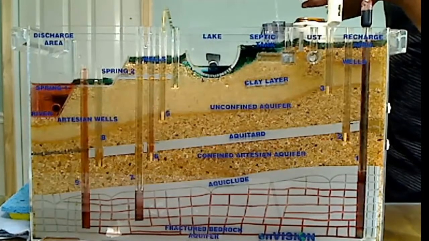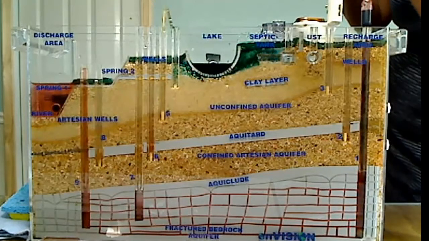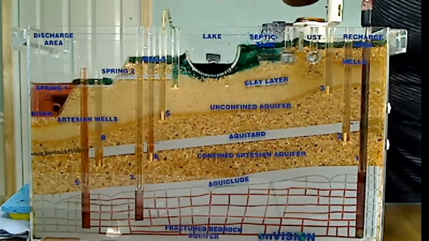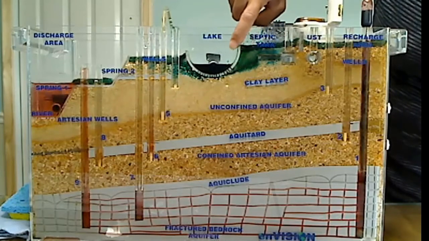So this water bottle is going to simulate a rainstorm so that you can see two things. One, that some of the water moved directly and ran off directly into that lake.